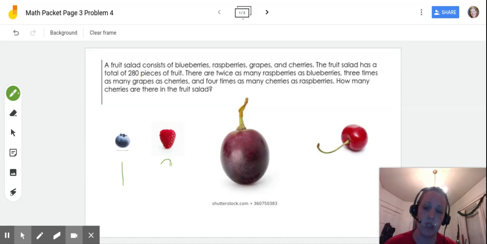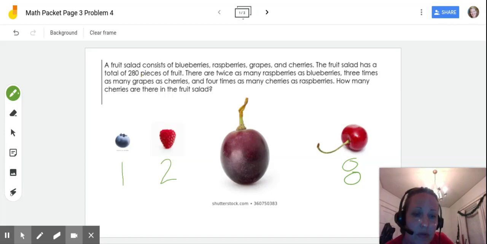So then there would be 2 raspberries. And what's the relationship of raspberries and cherries? There are 4 times as many cherries as raspberries, so it's 4 times 2. Well, that's 8, right? So that would mean there are 8 cherries if there's 2 raspberries.